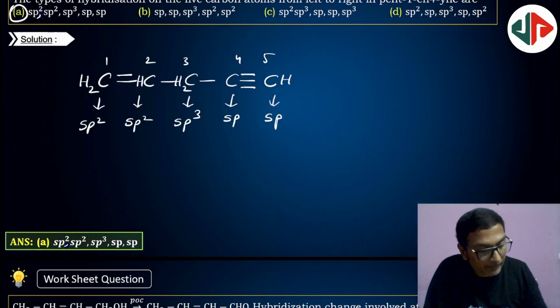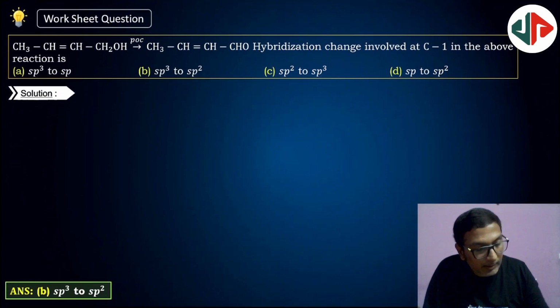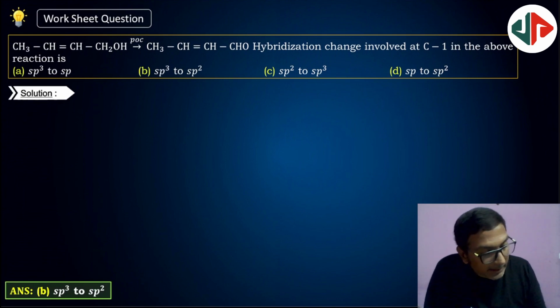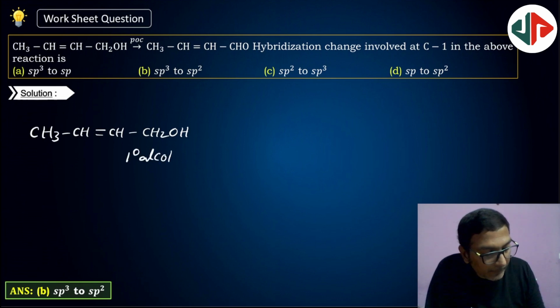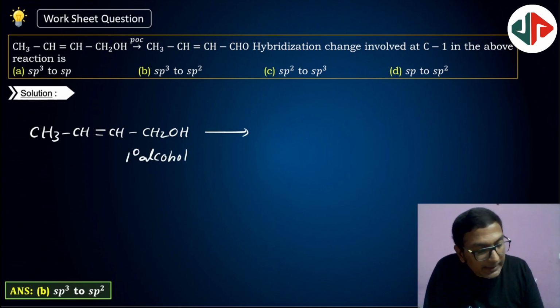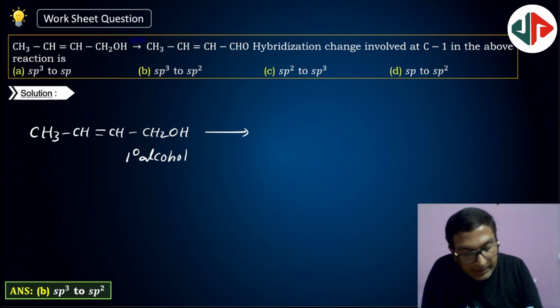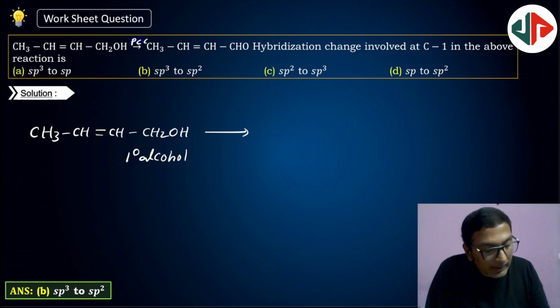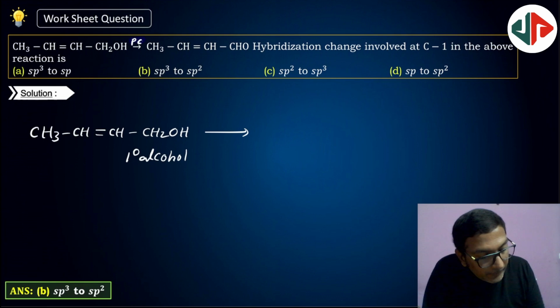Next. Here the hybridization changes: CH3, CH=CH, CH2OH, a primary alcohol. So PCC should be there, or you can write PDC, for mild oxidation. PCC is a mild oxidizing agent.